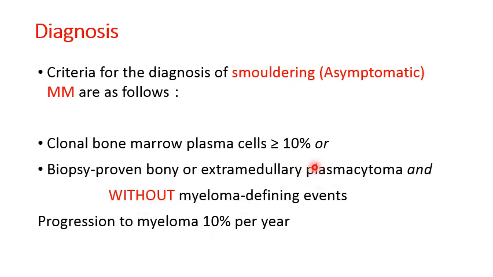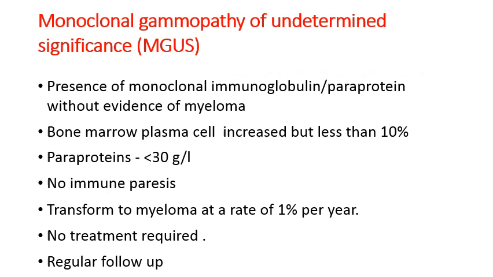So if the patient has only clonal proliferation of plasma cells in the bone marrow of more than 10%, or there are plasmacytomas but without any other features, with no organ involvement, no hypercalcemia, no renal disease, no anemia or bone lesions, then it is called inactive multiple myeloma, but definitely they will progress to myeloma. So you need very careful follow-up.